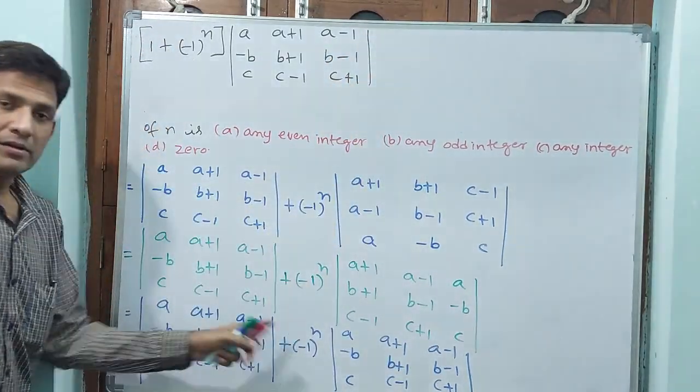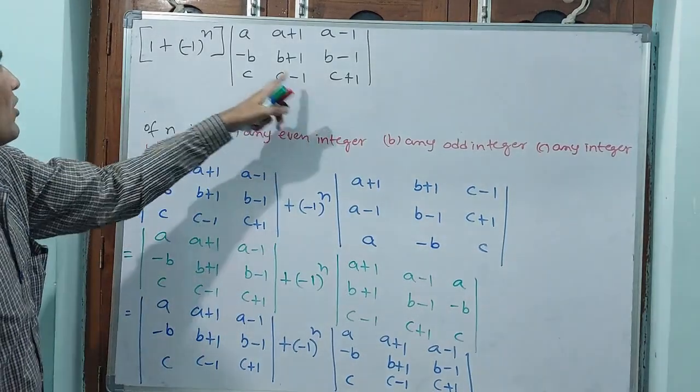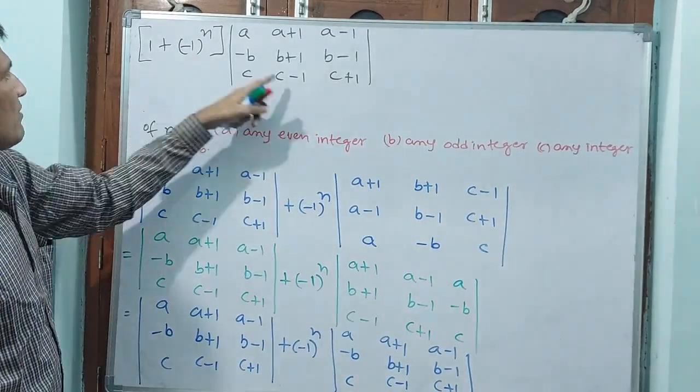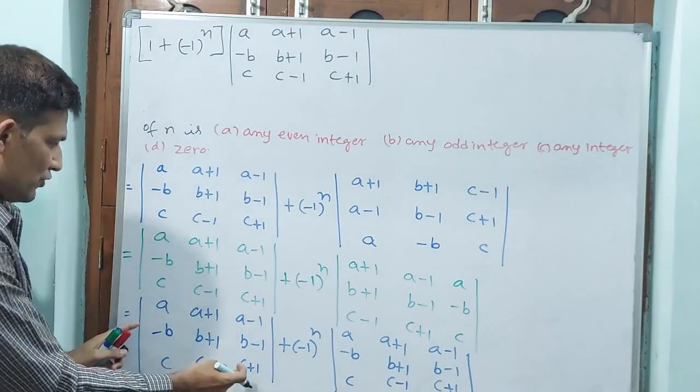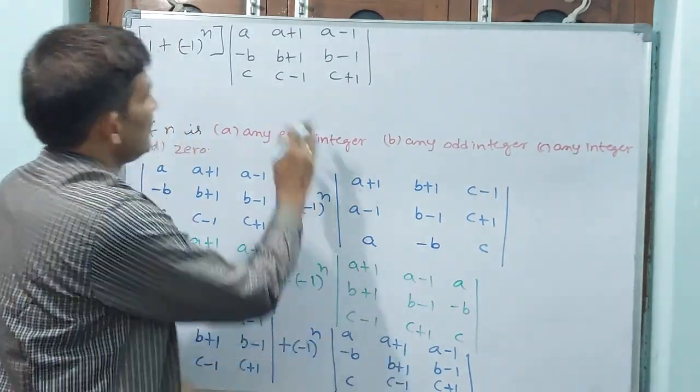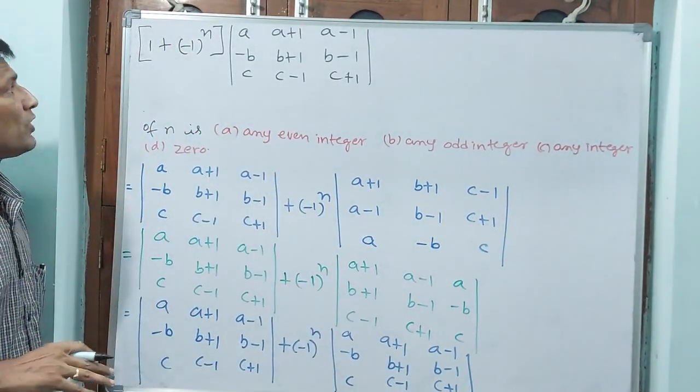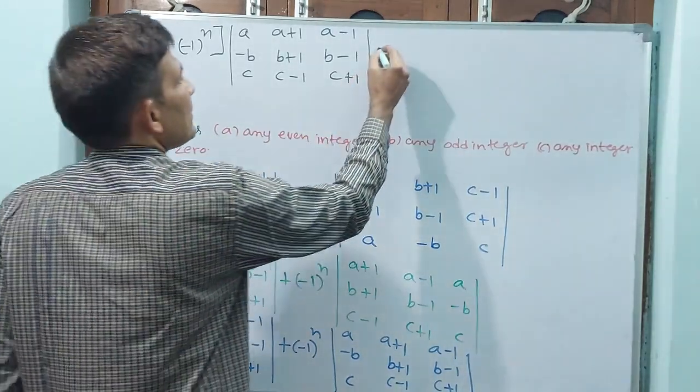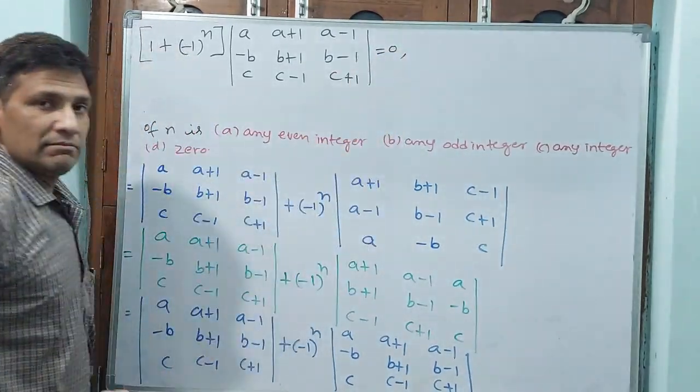Is it okay? If you send it inside, automatically, 1 into 1 is 1 time, and minus 1 power n into this determinant has come. Okay, now this is equal to 0, they have given.